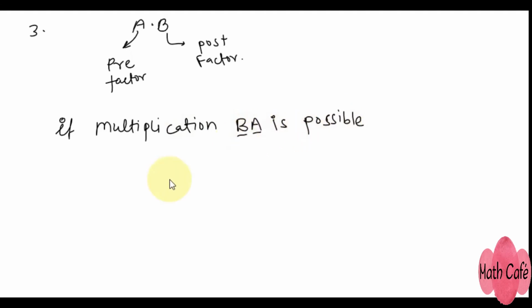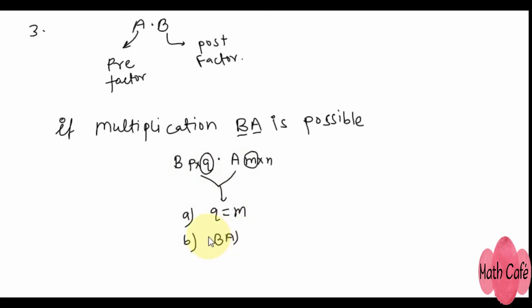Here B is of order P cross Q and A is of order M cross N. So this multiplication is possible when the number of columns in matrix B is equal to the number of rows in matrix A. So first of all, Q should be equal to M. And second, the matrix BA will be of order P cross N.